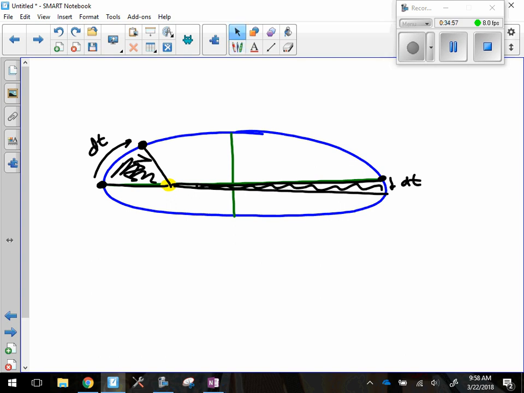And so you can kind of see how I can fold up this triangle on itself, and it would take up the space of this triangle. So I can either have a long, skinny triangle or a short, fat triangle, but they have to have the same area, but it has to be in the same amount of time.